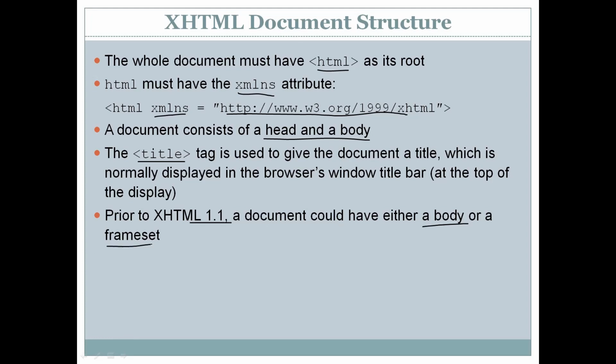So prior to XHTML version 1.1, we could have even a frameset inside an HTML element instead of a body element. But after version 1.1, the frameset has been deprecated and removed. Okay, so this is the general structure of an XHTML document.